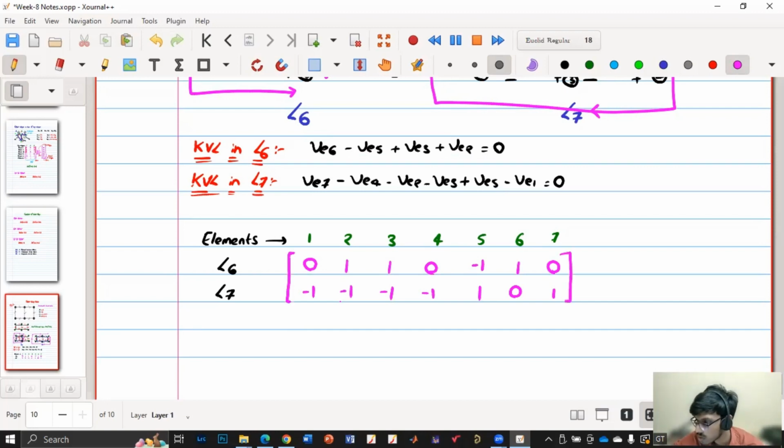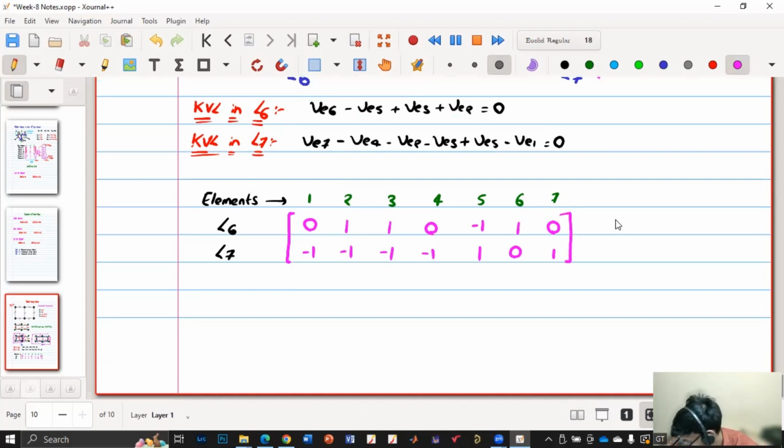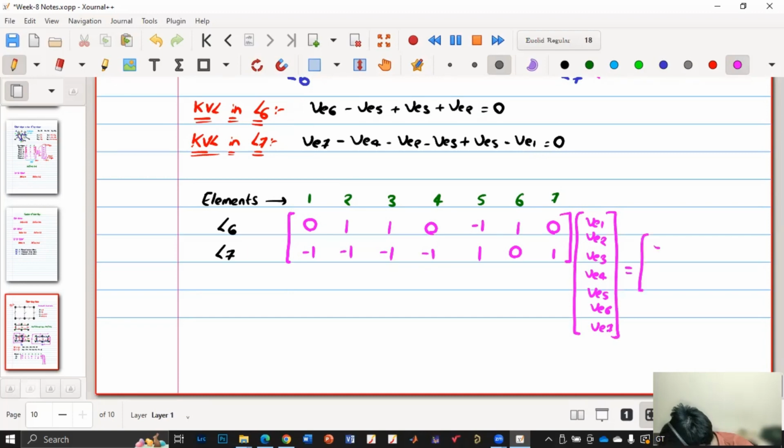Did you follow? Yes. Okay. Into VE1, VE2, VE3, VE4, VE5, VE6, VE7 is equals to 0, 0. So we got our B matrix. So this is our B matrix.